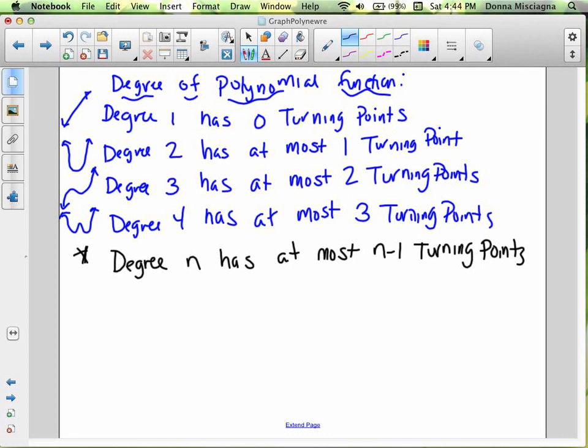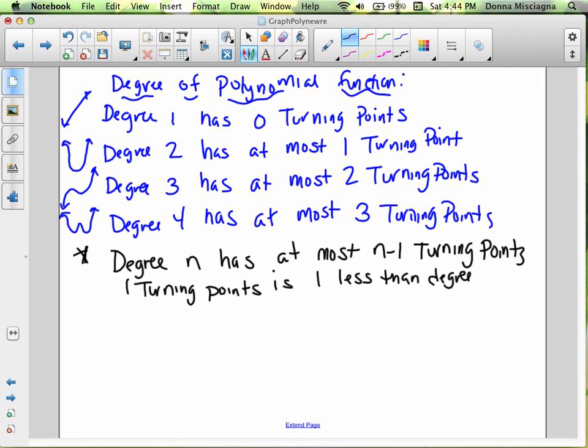So there's going to be 1 less turning point than degree. So I'll write it 2 different ways. Turning points is 1 less than the degree.